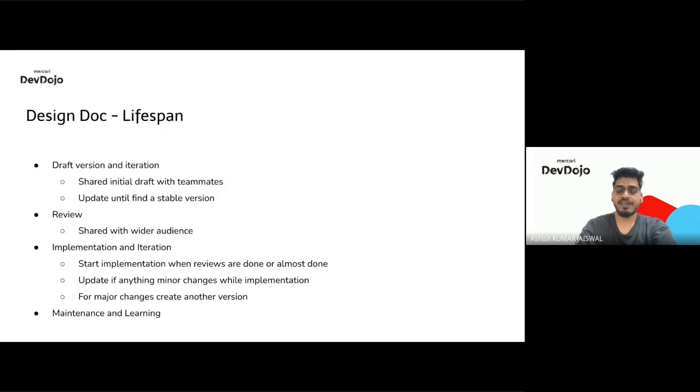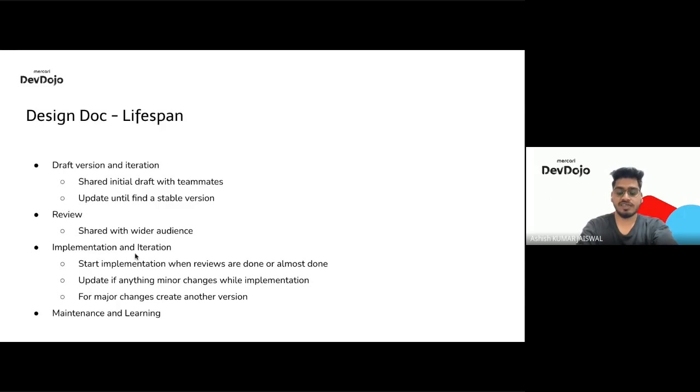And if there are some major changes, like a lot of changes in the requirements, it's better to have another version of that design doc. You can call it V2, version 2, and mention all the major requirements and changes in that document instead of using the same document.